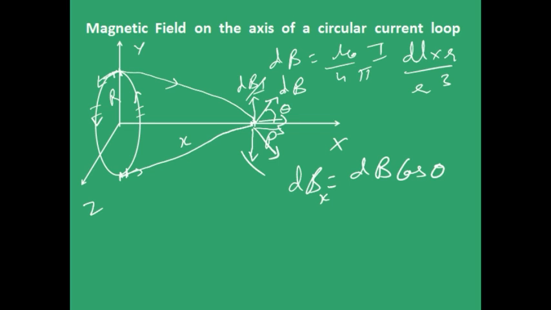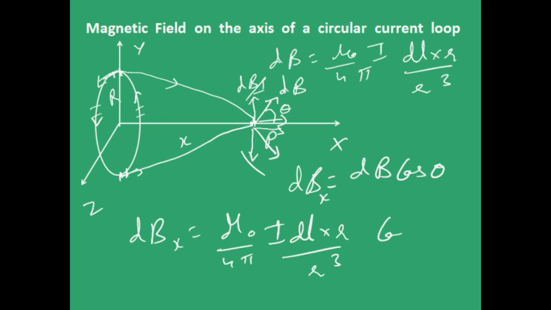Now I'll integrate this one. First of all, let me write this. dBx is equal to dB, which is nothing but mu naught by 4 pi I dl cross r by r cube into cos theta. Now let me deal only with the magnitude so that it becomes easy for me, because anyway I know the direction, right?